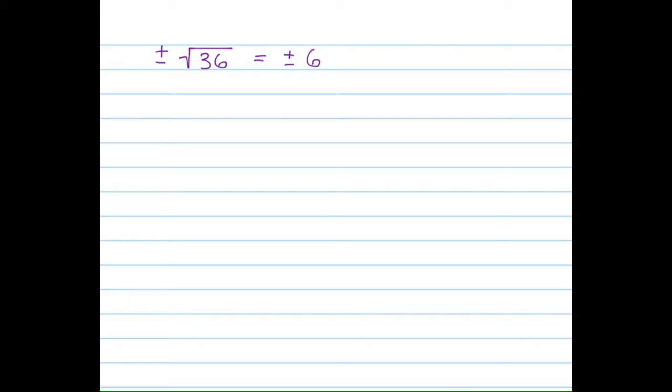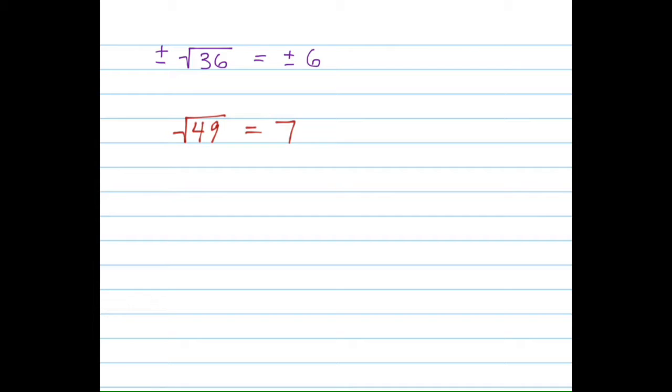Because 6 times 6 equals 36, or 6 to the second power equals 36. Now, if we don't have that plus or minus symbol there, then our answer shouldn't have that plus or minus symbol. So if we're just given radical 49, what would the square root of 49 equal? Seth? 7.